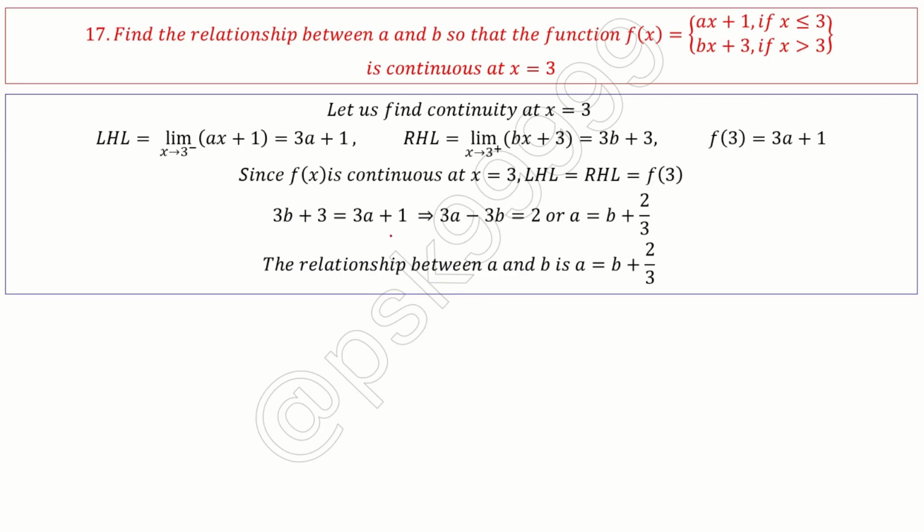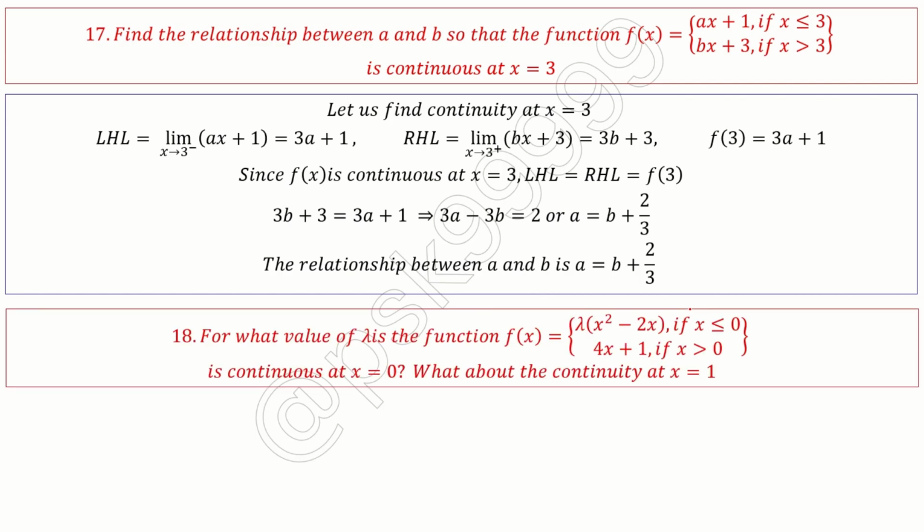Okay, so 3b plus 3 equal to 3a plus 1, which implies 3a minus 3b equal to 2 or a equal to b plus 2 by 3. Okay, now this is the relationship between a and b. If you satisfy this relationship, then this function is continuous at x equal to 3. So what is the relationship required between a and b, which is a equal to b plus 2 by 3. Okay, so this is the type of questions you will get, second type of questions in continuity.